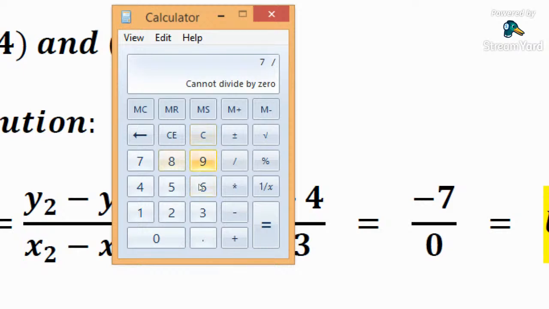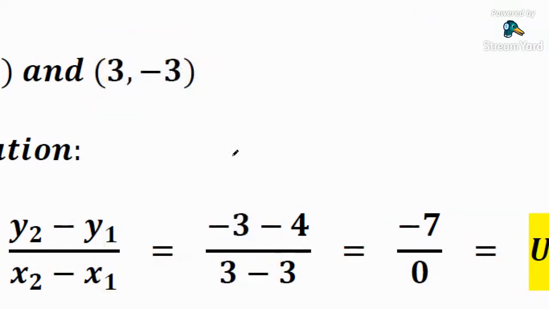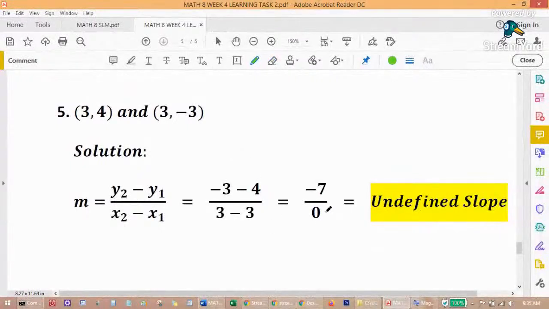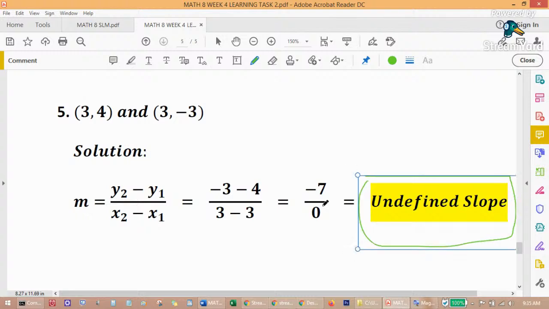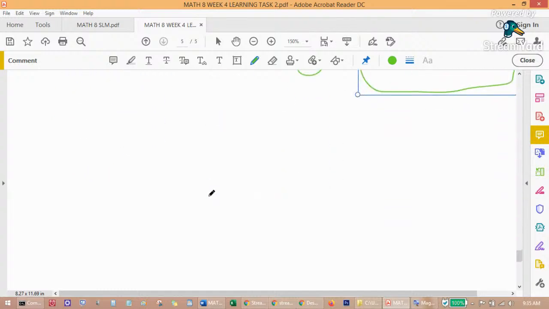Or let's think of another number, 100. When we divide it by 0, it is equal to cannot divide by 0. So, whenever the denominator is 0, that will produce an error on the calculator when you compute it. So, therefore, when there is a 0 at the bottom, that is an undefined slope. Okay?